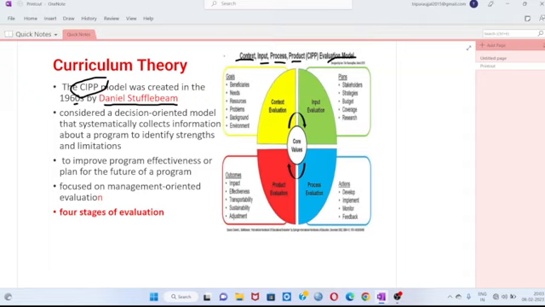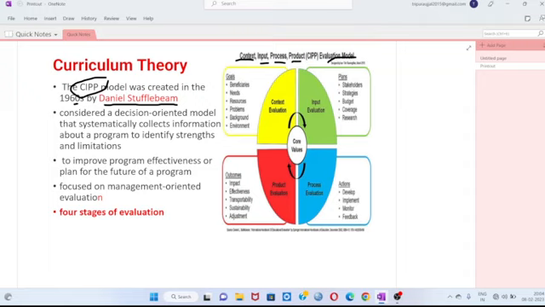Based on the situations, the curriculum should be evaluated. Then input is the planning, and after planning, the process is how the planning is working, and then the product.